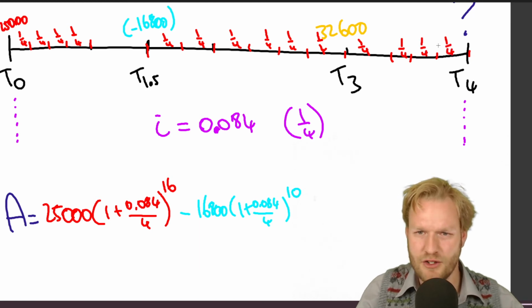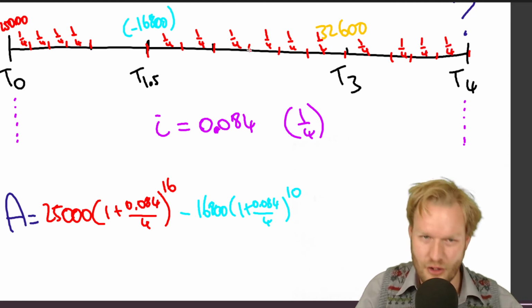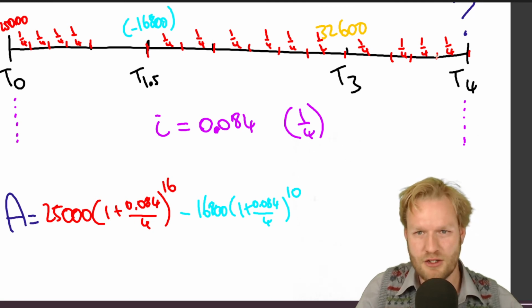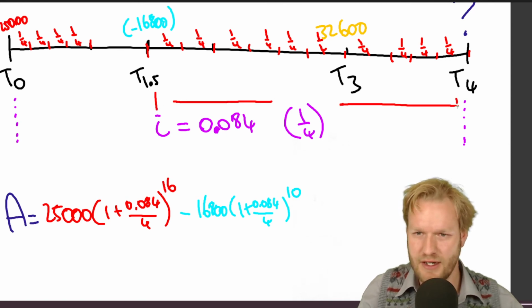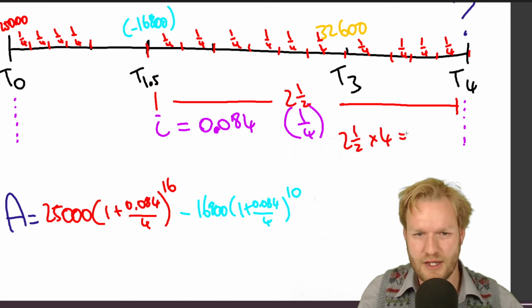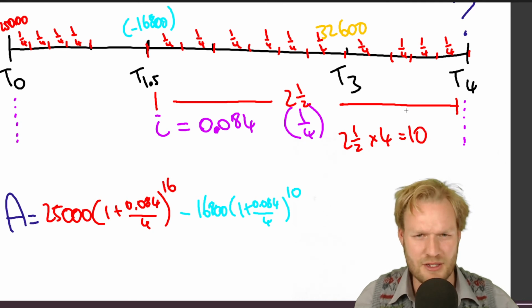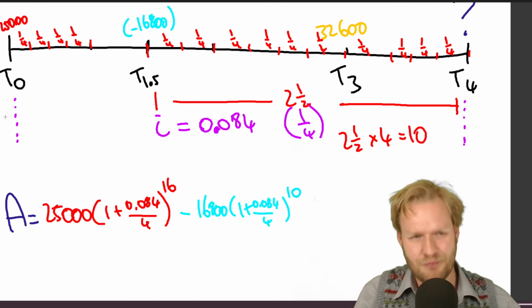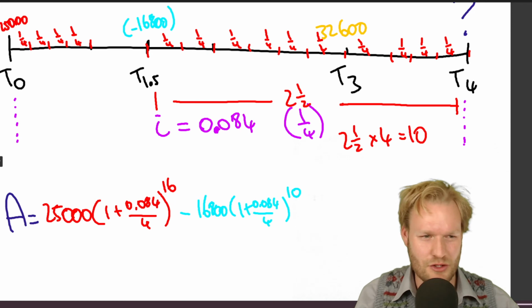So if we count those up, we've got a group of 4, another 4, and just 2 over here. So 4, 8, 10. But I think the easiest way to think about it is this over here is 2.5 years. So 2.5 times 4 gives us our 10 compounding periods. Maybe I'm overthinking that, but maybe it's useful.